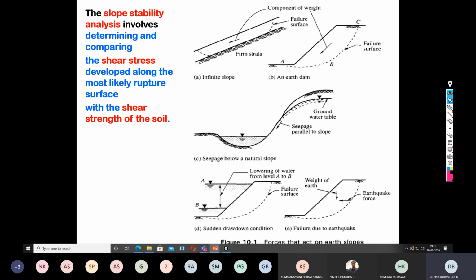A very simple way of understanding this is that a large or definite volume of the soil chunk is getting displaced from one place to another place. This is the fundamental meaning of landslide. A certain mass of the soil or the land is displaced from one location to another location.